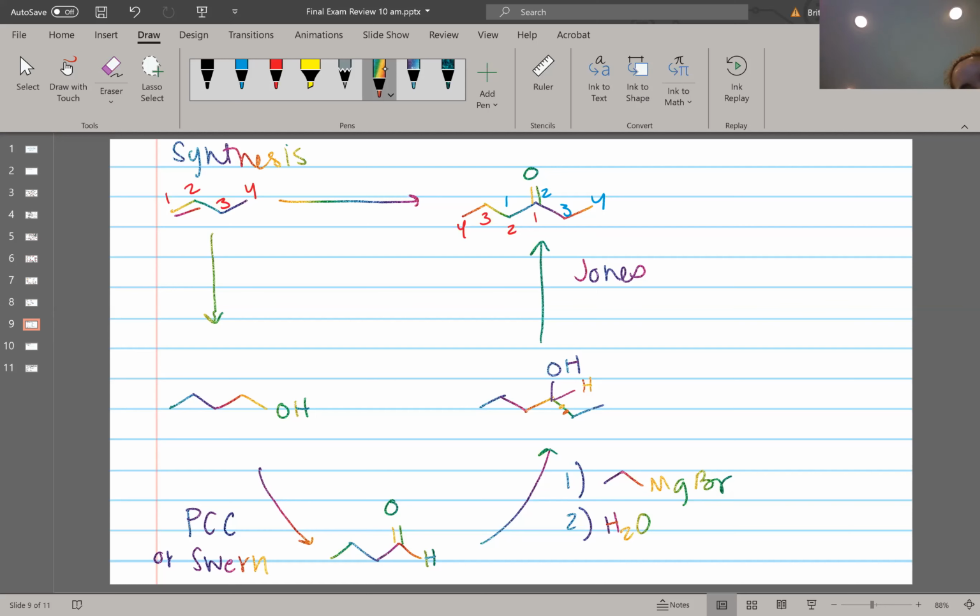Okay, so to get from an alkene to a primary alcohol, what reagent do we have to use? Can we just add aqueous acid and get the least substituted alcohol? No, this is an anti-Markovnikov hydration, right? What do we have to use to get the anti-Markovnikov product?